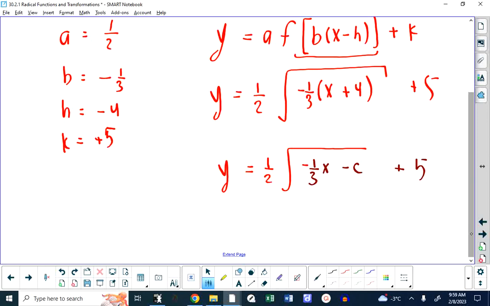C is not -4. C is not even 4. This has been expanded out, and if you expand this out, you get that. So the answer would be whatever 4/3 is, 1.33.